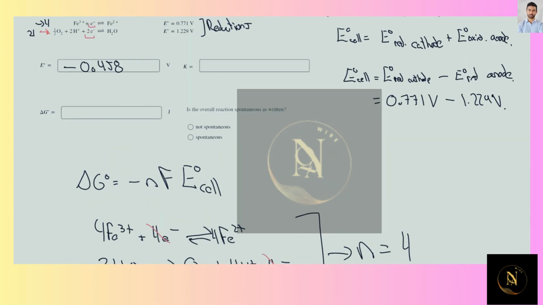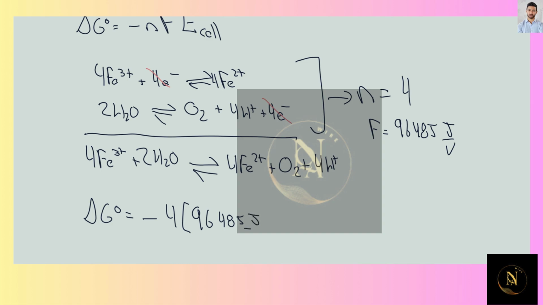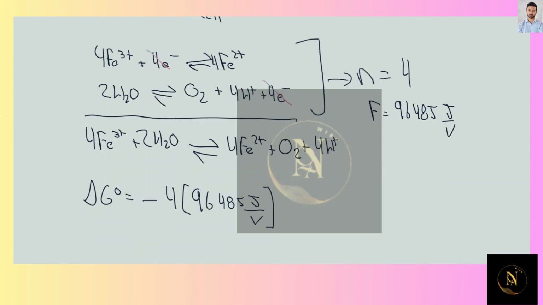Okay, so now delta G naught would be equal to minus 4 times Faraday's constant, which has a value of 96,485 joules per volt, times the E0 for the cell, which in our case is minus 0.458 volts.